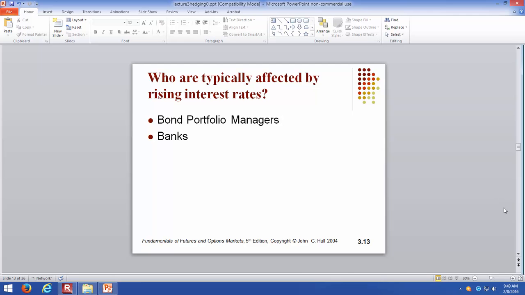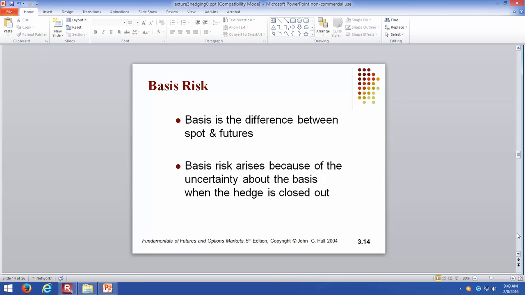So here, as interest rates rise, they are exposed to interest rate risk, and one of the ways they hedge their position is by using interest rate futures, typically by selling interest rate futures, so that they can hedge the gap between their assets and liabilities.